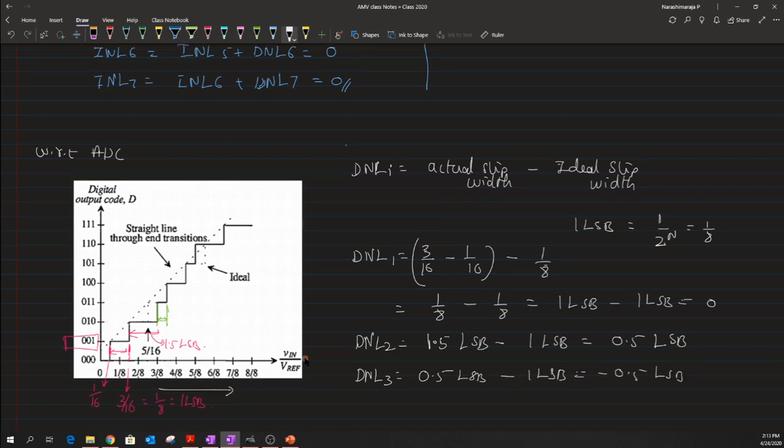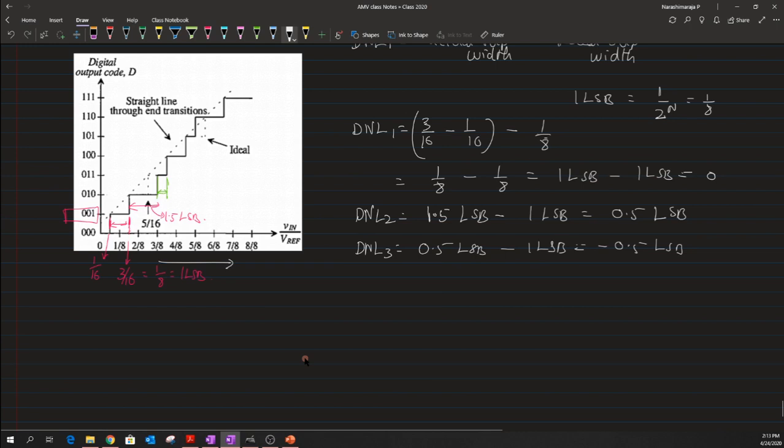Then next comes DNL of 4. Again, just by eyeballing, I'm reading out the number, which is 1 LSB minus the ideal step width, which is again 1 LSB, and the value turns out to be 0.